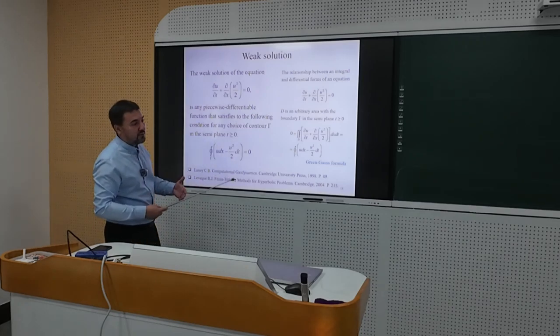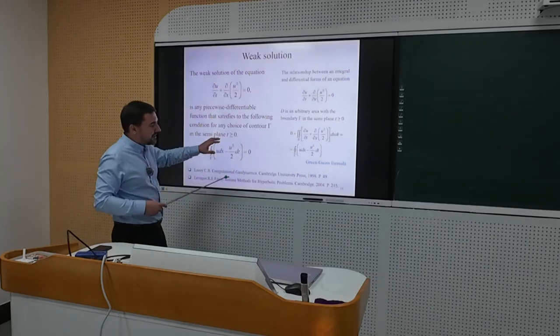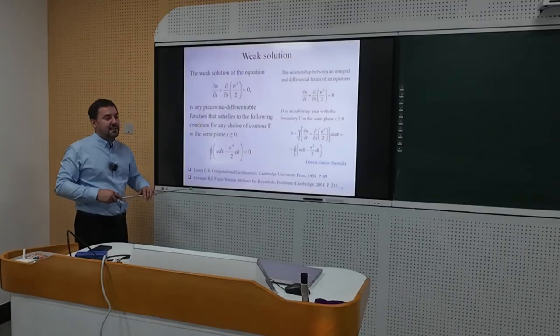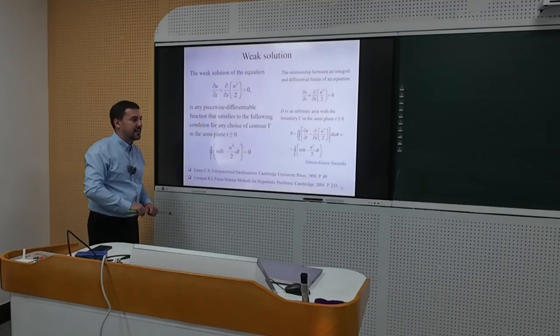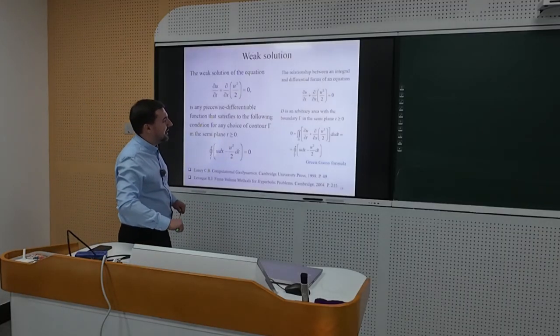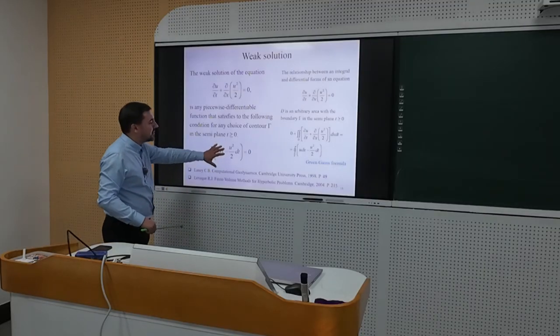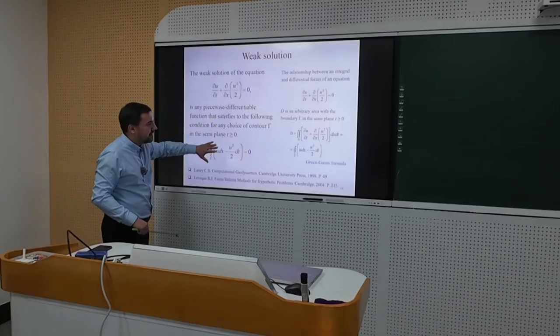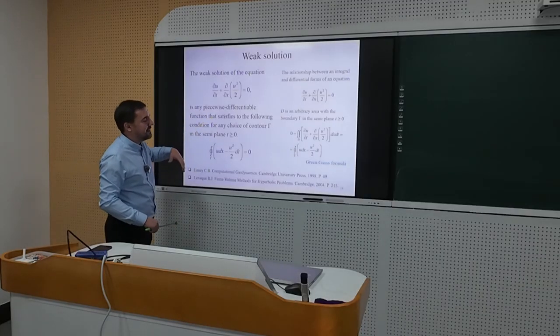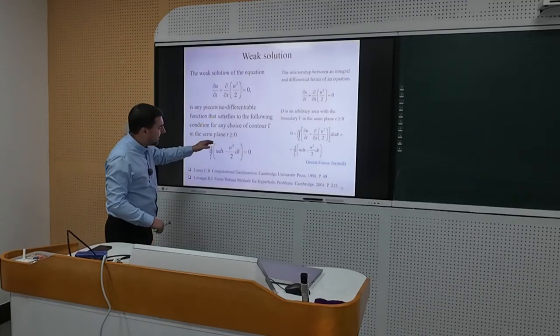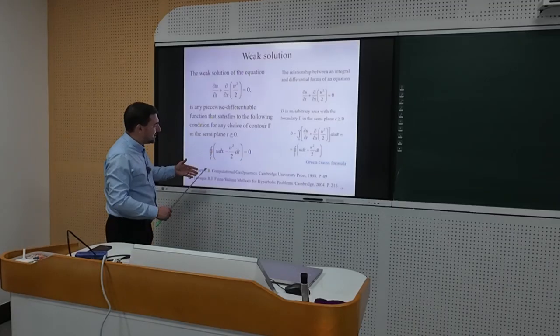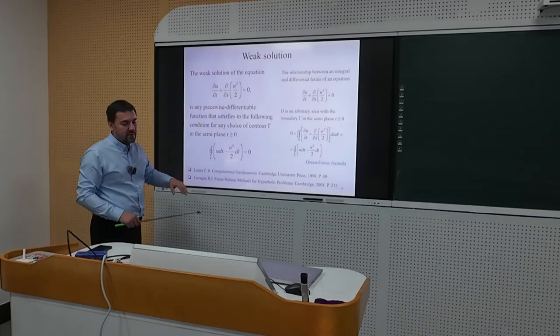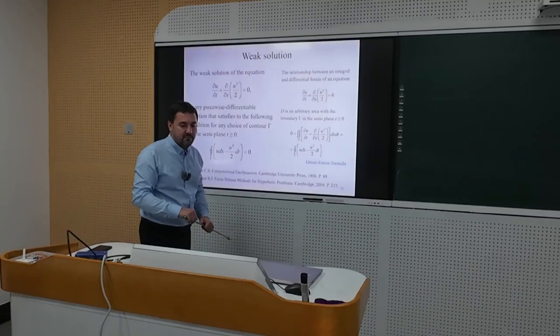So the integral form of equations actually contains weak solutions, and weak solutions are just solutions of this integral form. They are actually the same, but not the same, because the difference is in the existence of discontinuous solutions for this notation.